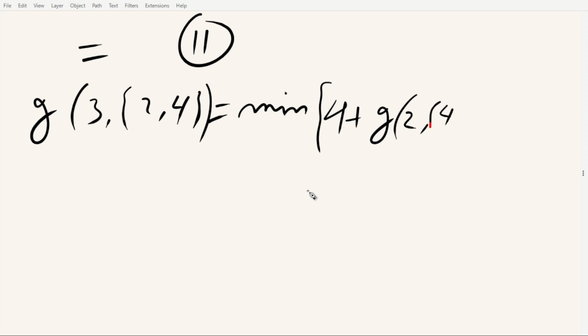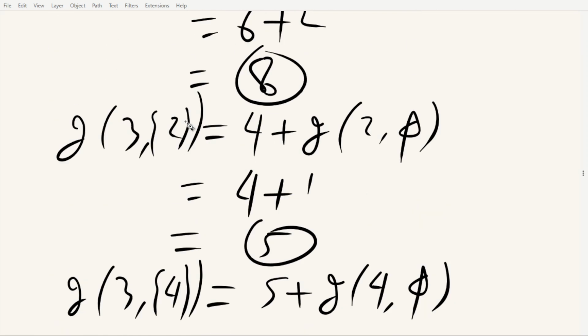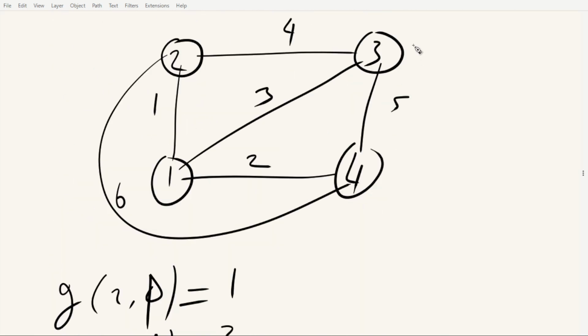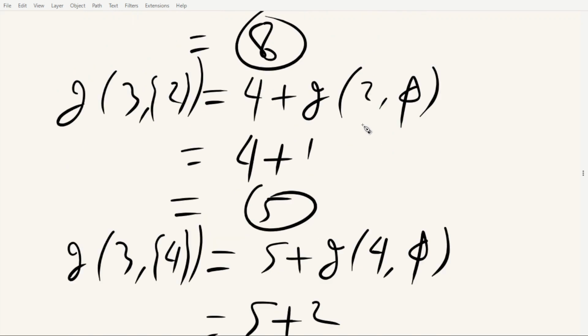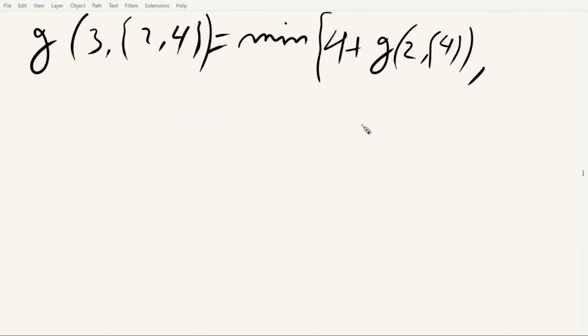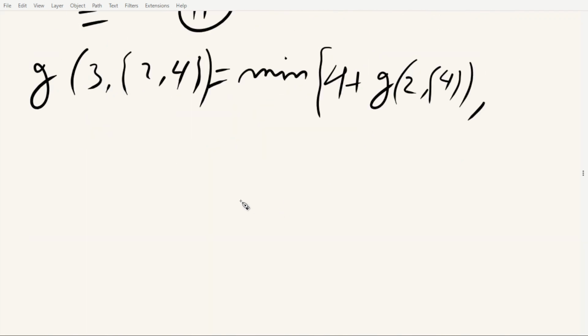Remaining subset is 4. Next possibility 3 to 4. 3 to 4 cost is 5. 5 plus G. We move to 4.